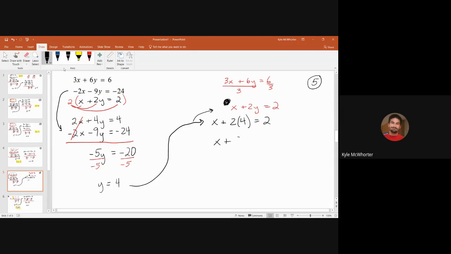So x plus 8 equals 2. Subtract 8 from both sides of the equal sign. And we're going to get x equals -6. So our solution is -6, 4.